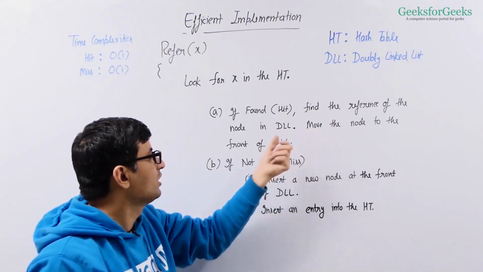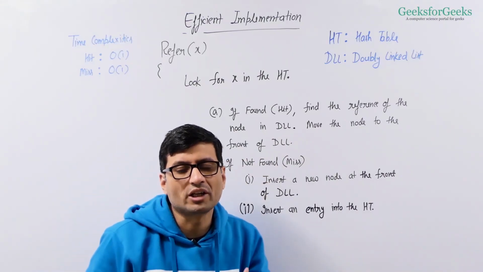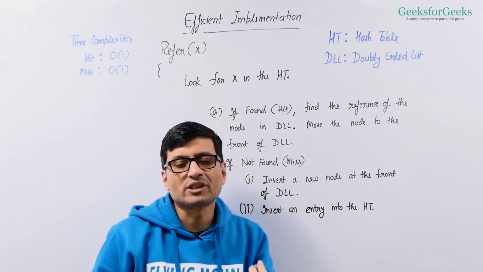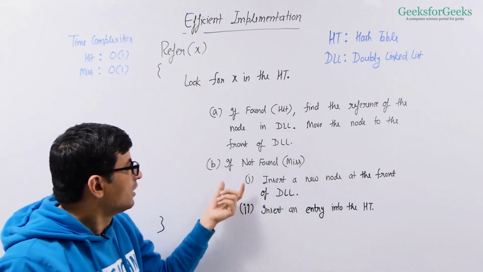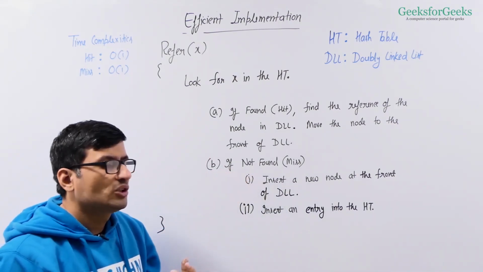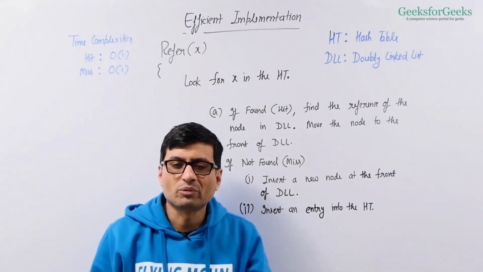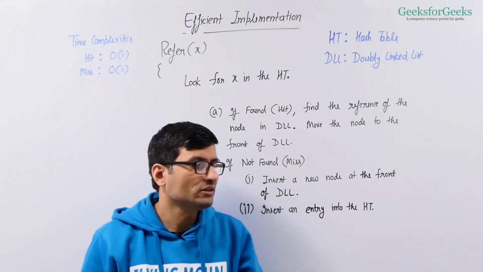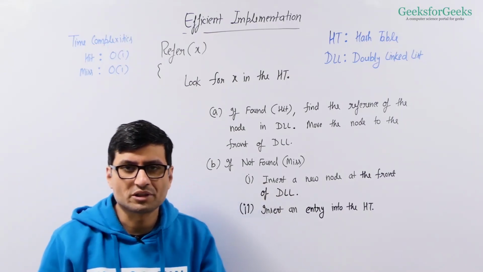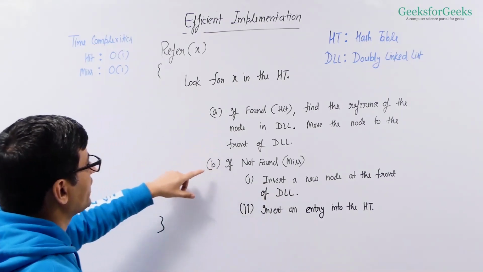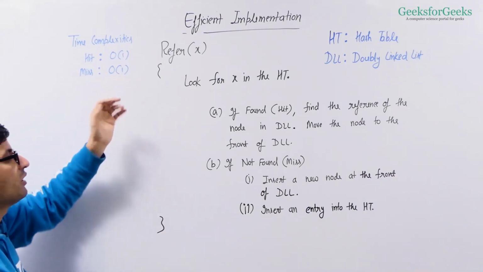Then moving the node to the front is big O of 1 in a doubly linked list. If you are given a reference or pointer to a node, you can move it to the front in big O of 1 time. Now in case of a miss, you are inserting a node at the front of the doubly linked list, which is a big O of 1 operation, and then you are inserting an entry into the hash table, which is also a big O of 1 operation. So in case of both hit and miss, you have the time complexity as big O of 1.